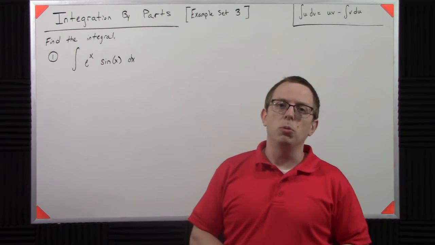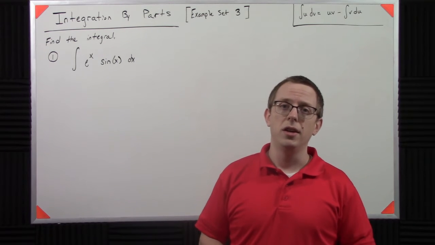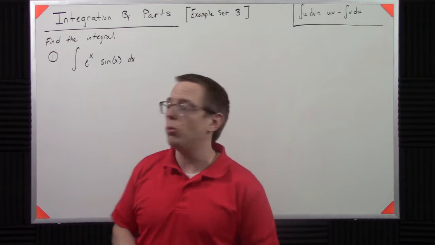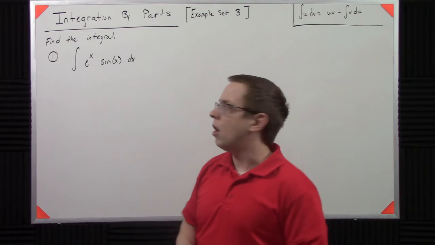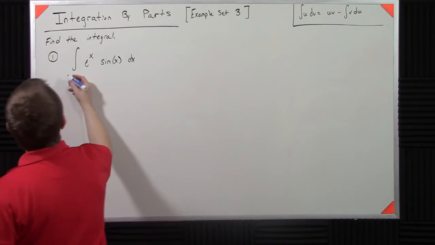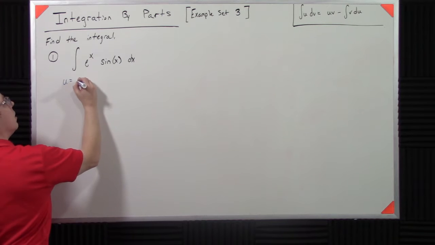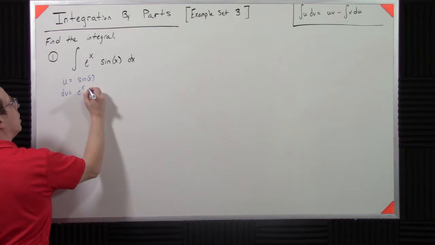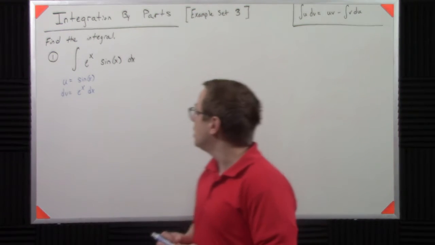Now for this particular problem, it actually doesn't matter which one you use for u and dv, which is kind of nice. Just as long as you don't pick u to be like the whole thing. If you do, I don't think it's going to work. All right, so I'm going to say u is equal to sine of x and dv is e to the x dx.